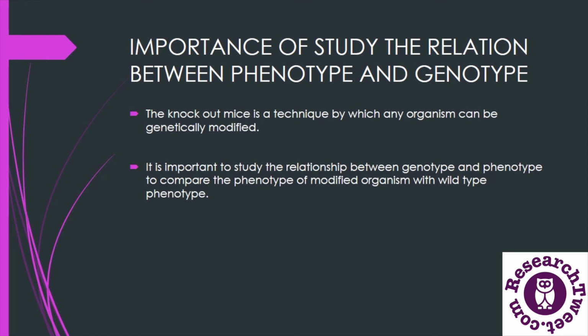By comparing the phenotypic characters of this modified mice with wild type phenotype mice, we can study the role of a particular gene in expressing particular phenotypes. So it is important to study the relationship between genotype and phenotype to compare the phenotypic ratios of a modified organism with its wild type phenotype.